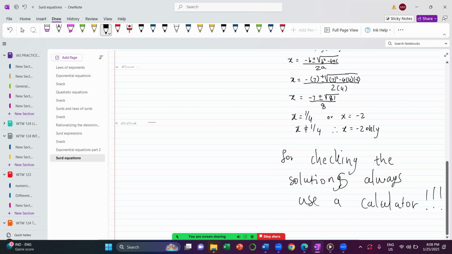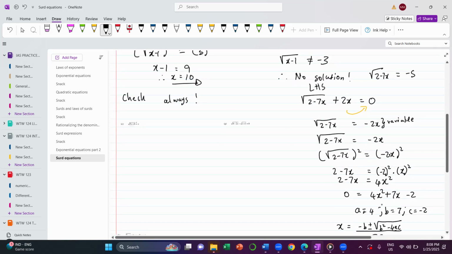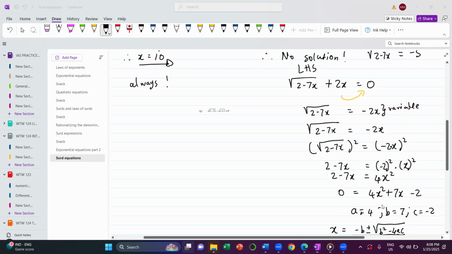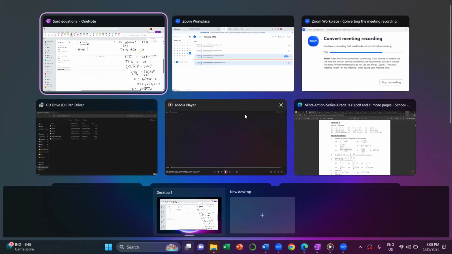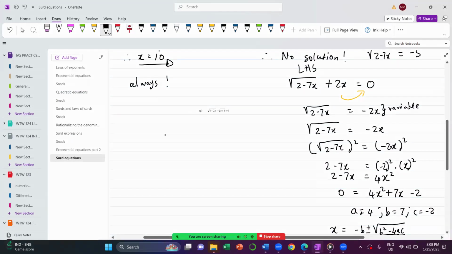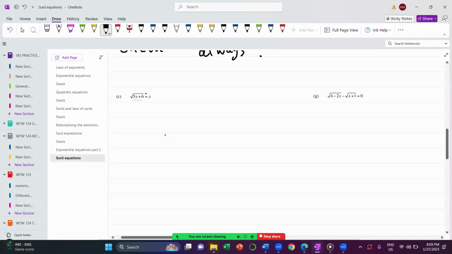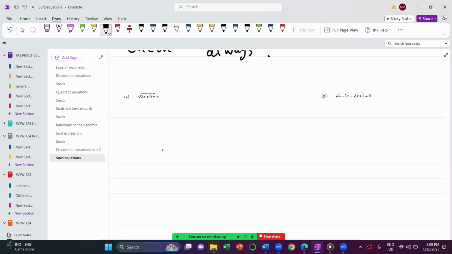Yes, sir. Okay. So please help me and screenshot your homework. Here are going to be your homeworks. Your homework is this C and this G. Please screenshot them. Have you screenshotted, guys?